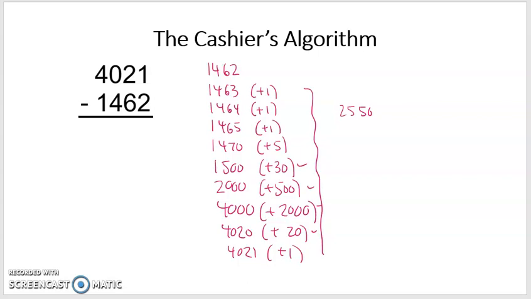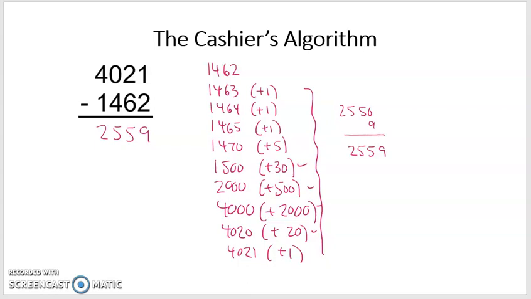Then I've got plus 1, 2, 3, 4, and 5 makes 9. So plus 9 more. And that would say my answer would be 2,559. So 2,559 when I count up from 1462 to get 4,021.